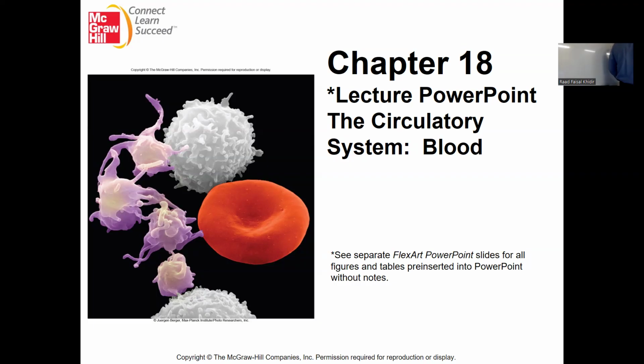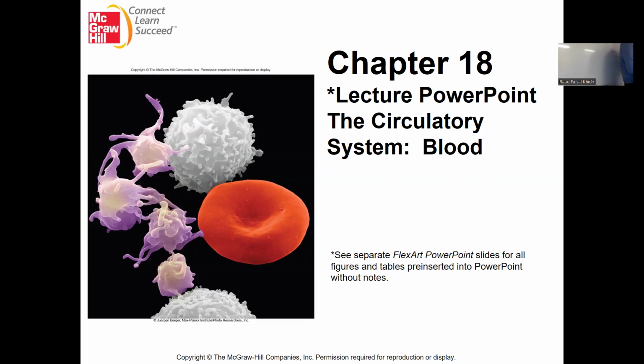Now let's look at the function of each. The function of the blood, obviously, since it has red blood cells, is responsible for delivering oxygen to the tissue and removing carbon dioxide from the tissue.